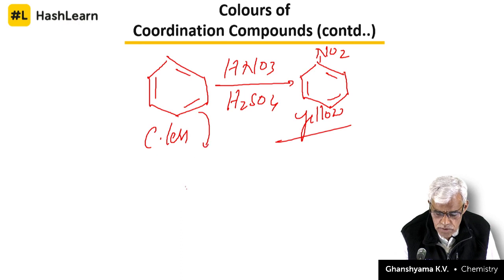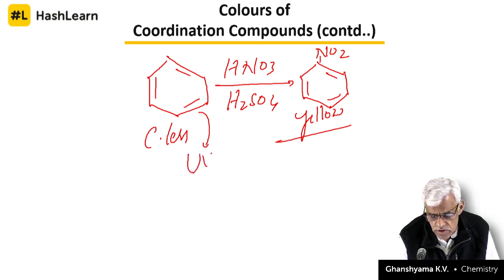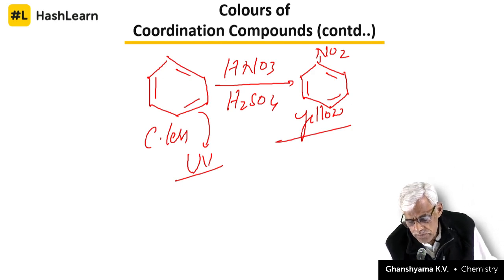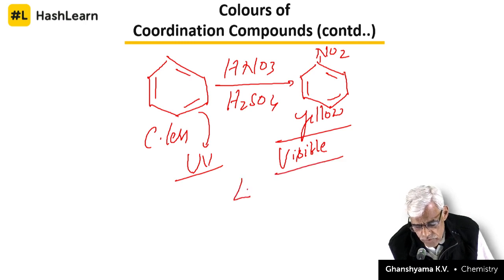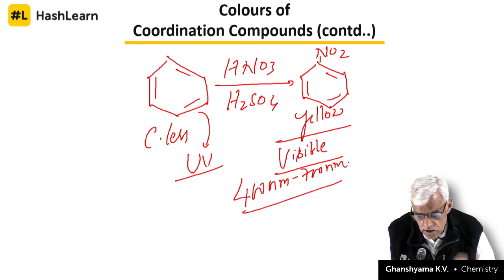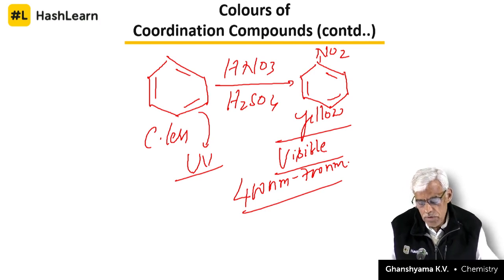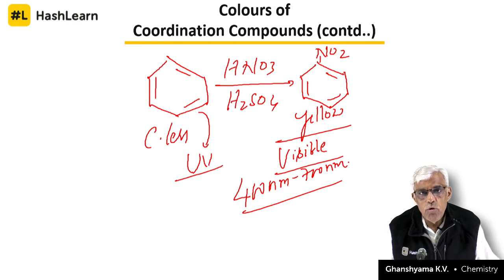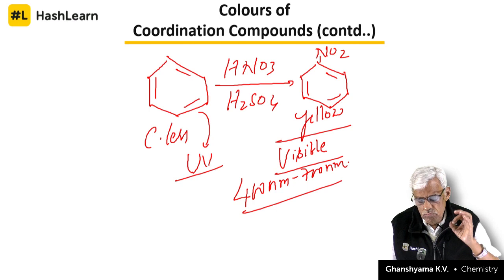Benzene absorbs light in the ultraviolet region of the spectra, whereas nitrobenzene absorbs light in the visible region of the spectra, that is from 400 nanometer to 700 nanometer. So, if a substance is to be colored, it should absorb light in the visible region of the spectra, that is from 400 nanometer to 700 nanometer. Main thing.